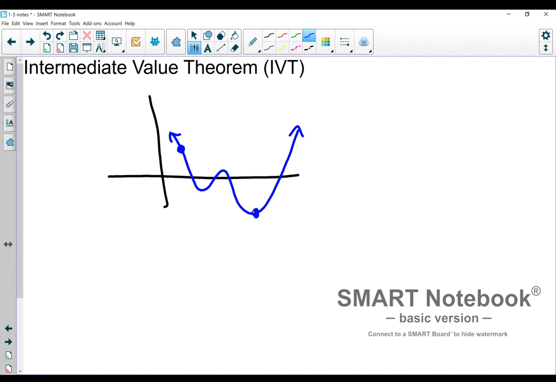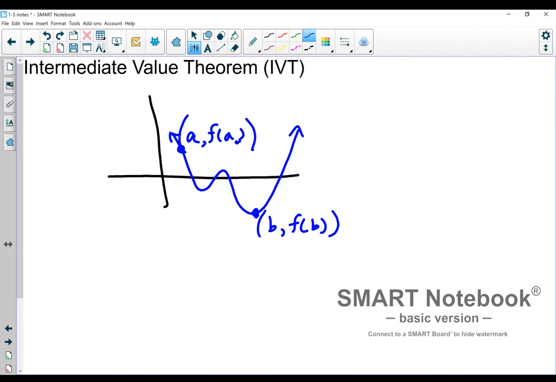I'm going to space them really far apart, but that's okay. They don't have to be far apart. They could be really close together. This first one I'm going to say is where x equals a. So then my y value would be f of a. So that just means the y value that's associated with a, right? The function of a. This one I'll call b, and so my y value will be f of b. So those are my ordered pairs.